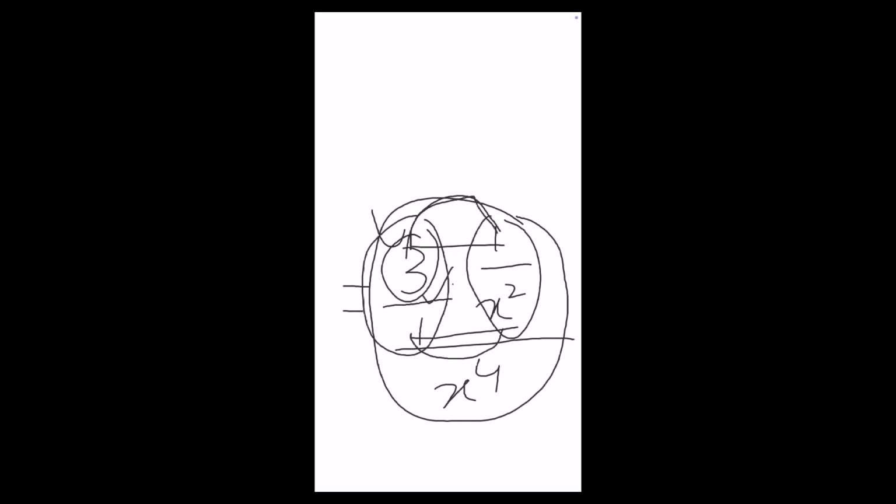It's a very straight answer. 3 divided by x raised to the power of 2. Why? Because we have one multiplied with x squared, so it has become x squared. And the denominator which was left was x raised to power 4.